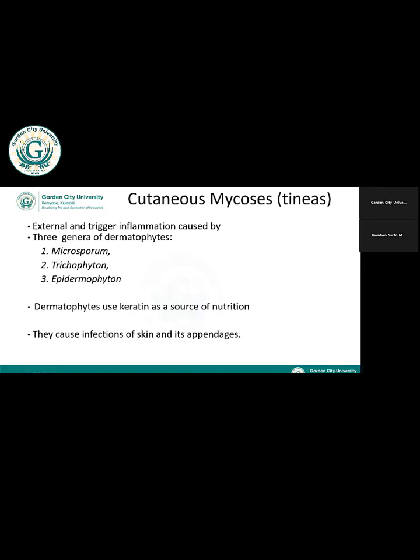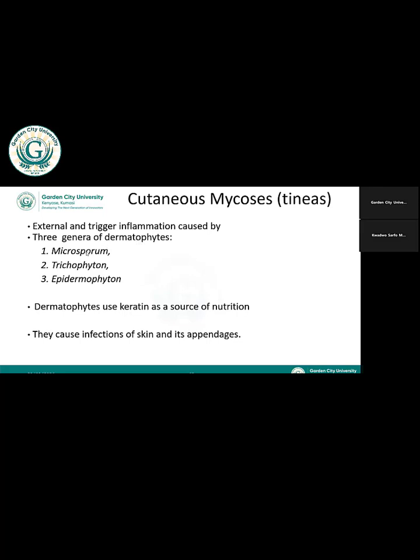So cutaneous mycosis is associated with inflammation, but it also affects the external part of the body, the hair, the skin, the nails. And these are caused by fungi collectively called dermatophytes. So these affect the skin.